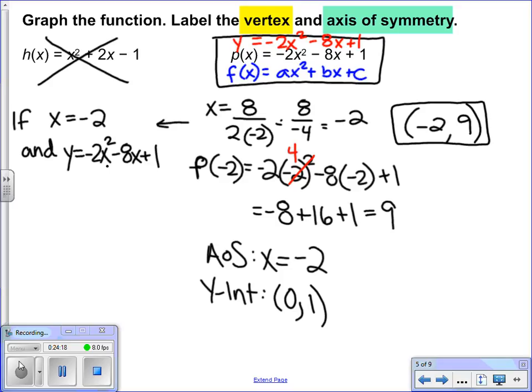So like 4 times negative 2 is negative 8. Negative 8 times negative 2 is 16. And then plus 1. You can write it vertically or horizontally. It wouldn't matter.